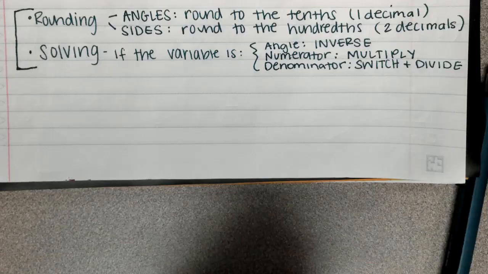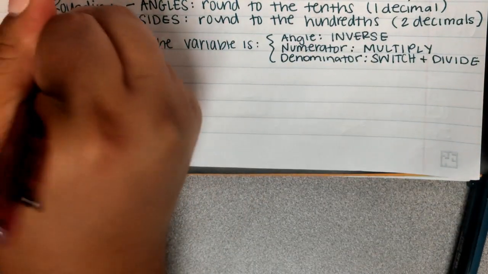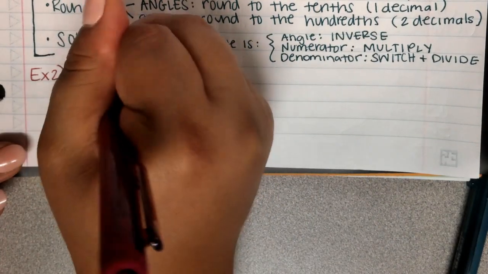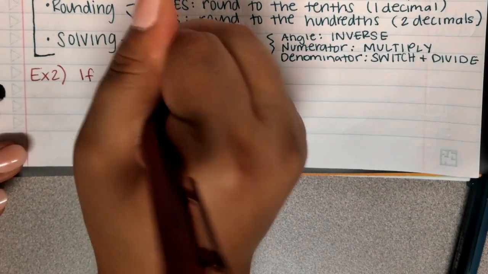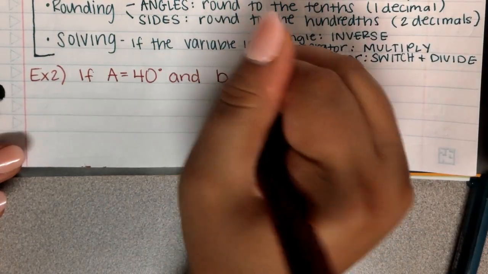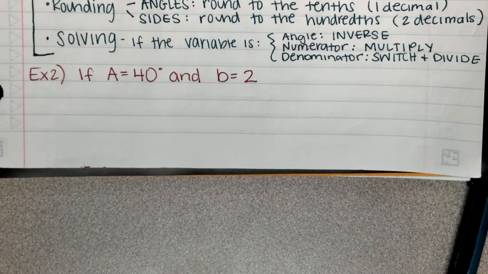So let's do an example where we have to do all of those things. This is going to be kind of what your homework looks like. If A equals 40 degrees and B equals 2, solve for the whole triangle.